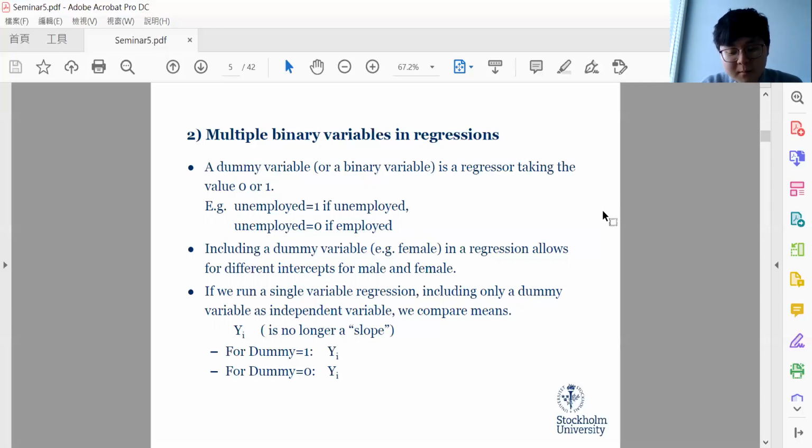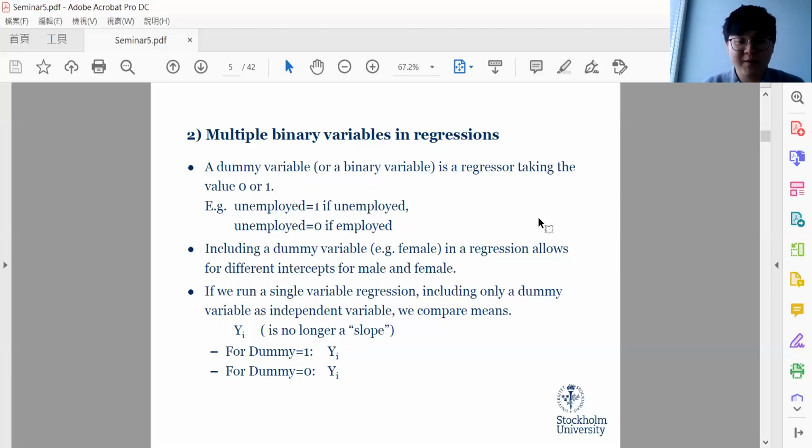If female equals 0, it means male, so we see the intercept. And if female is 1, the intercept for the female equation will add the value of the difference between male and female. So this means that including a dummy variable allows for different intercepts for male and female.